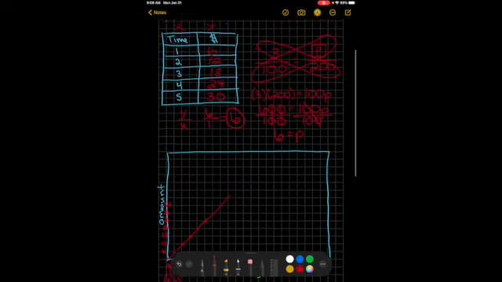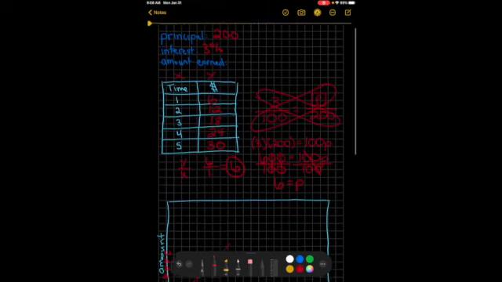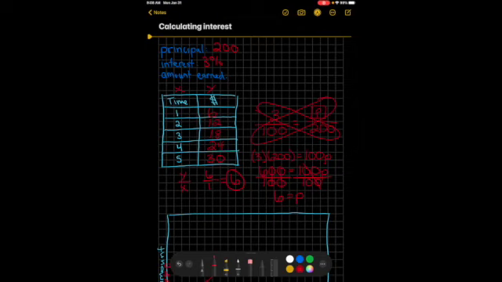So just looking back at our information and the steps that we took, after 5 years, I have earned $30 in interest, which is a pretty good deal because I didn't really have to do anything other than go to the bank that one day and deposit that money. So we identified our principal. This was our first step. We identified our interest rate, which was 3%. We created a data table.